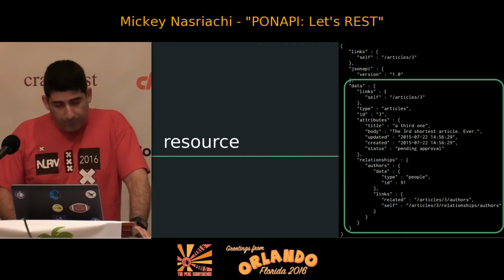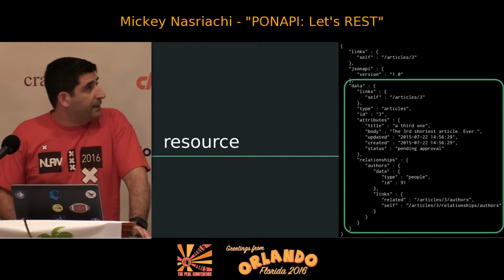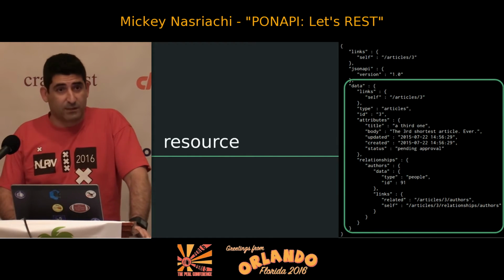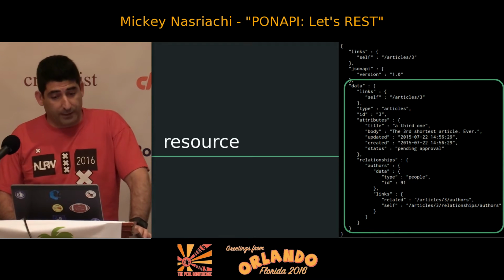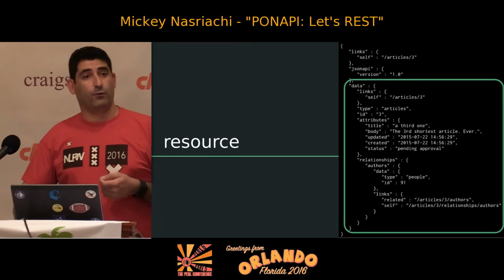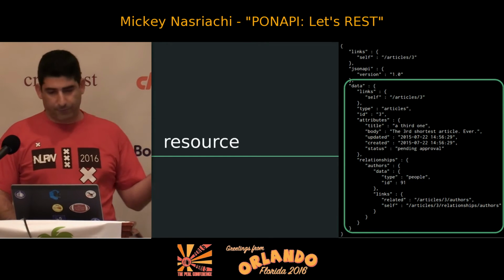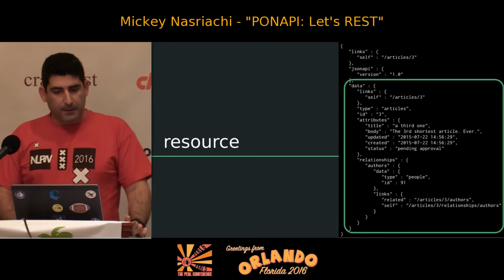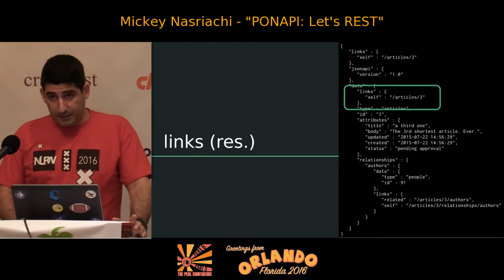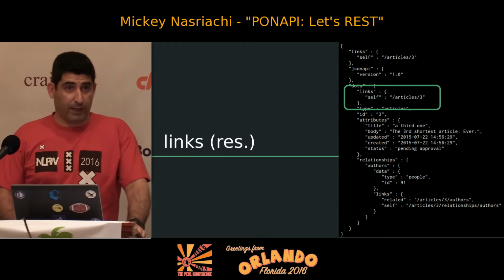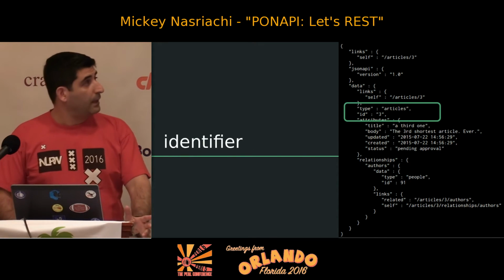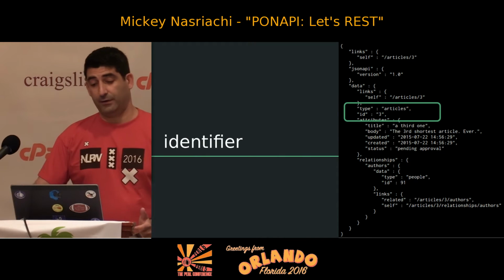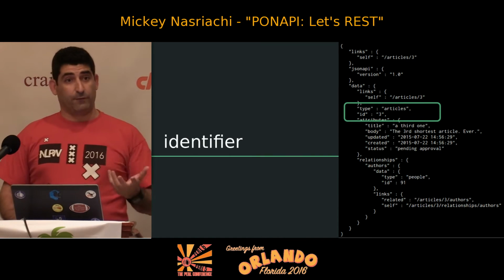And the data. Now, the data in our case is one object because we asked for one. We uniquely identified one data element. If we asked for multiple ones, we would get an array of objects. Each one would have its own links. Again, they can be different if we have multiple ones. It will have the unique identifier of this element.